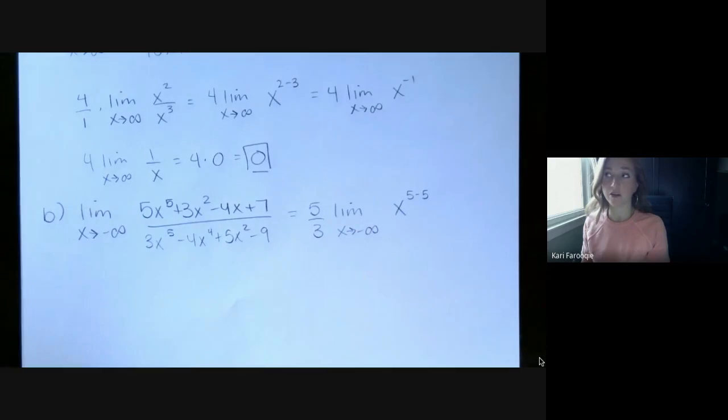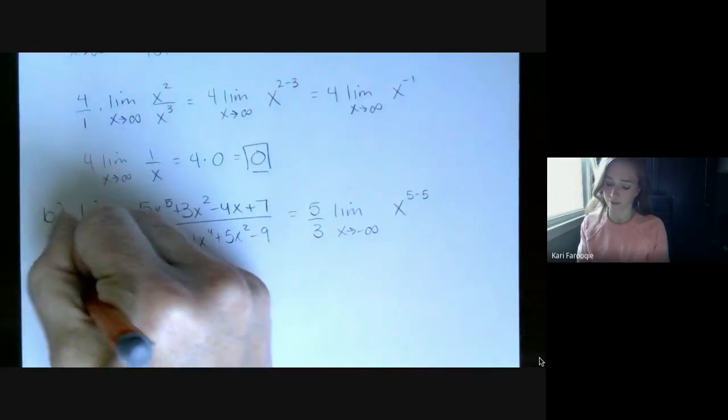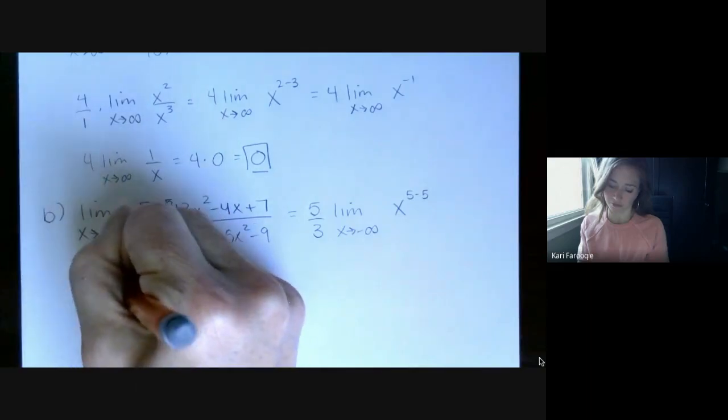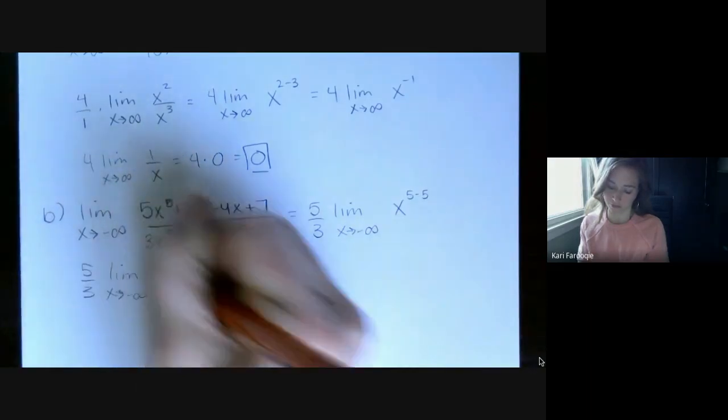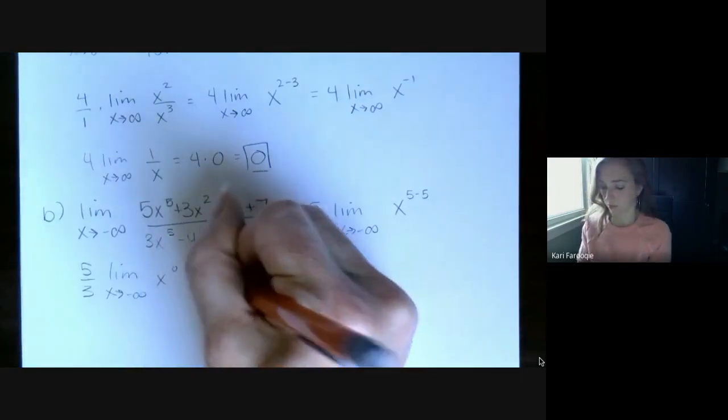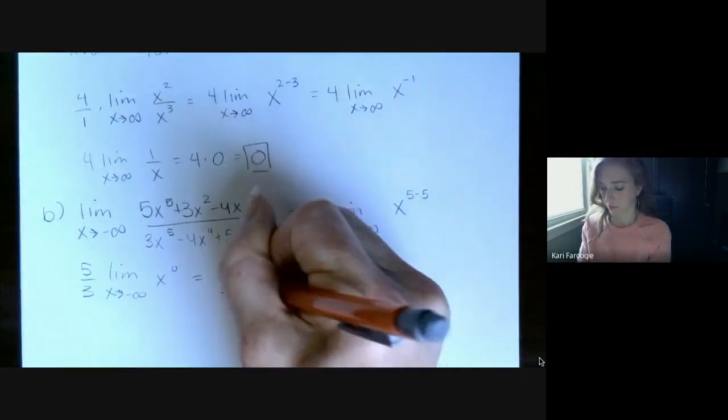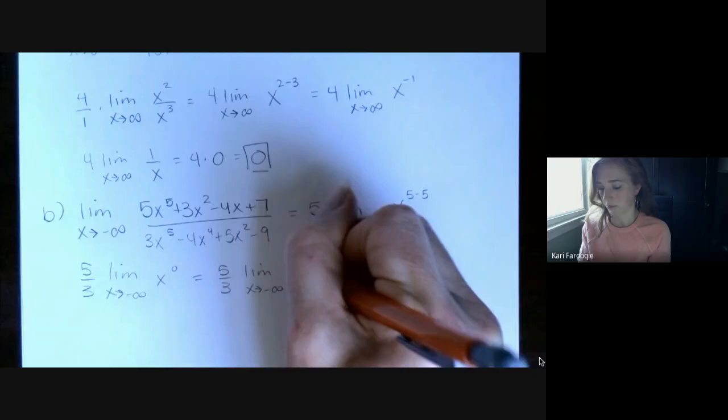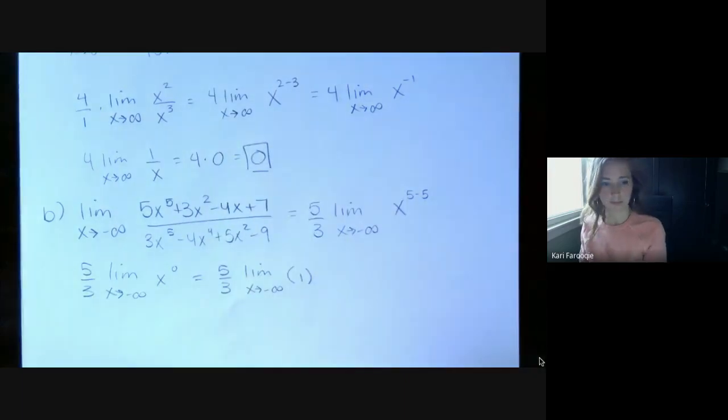Now, 5 minus 5 is 0. And remember that any real number to the 0 power is 1. And the limit of a constant is the constant itself.